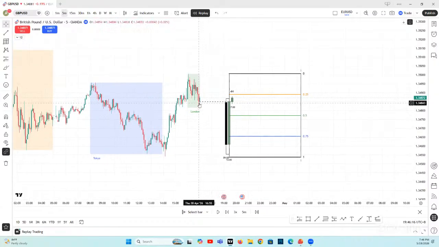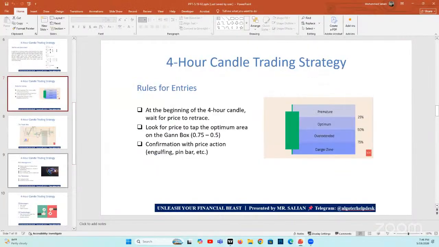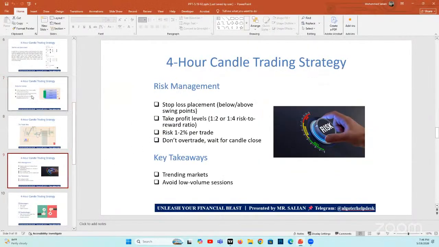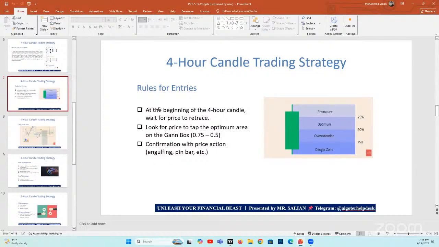Watch what happens, guys. So, what is our trading strategy? Rules for entries. At the beginning of the 4 hour candle, wait for price to retrace into this optimum area. But now it's inside the optimum area, because sometimes, if there is no wick, where you will put your highest, it's always also there.